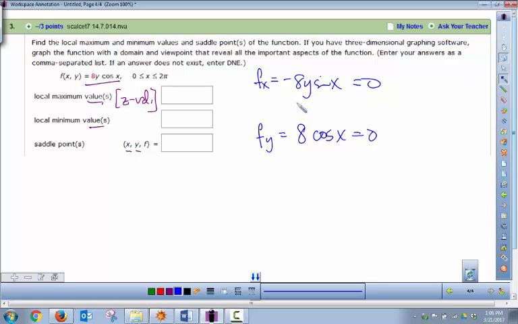So when we set that equal to 0, we get y is equal to 0, and sine x is equal to 0, which gives us x is equal to n pi. Well, I guess we're just going to go between 0 and 2 pi, so that would be x is equal to 0, pi, and 2 pi.